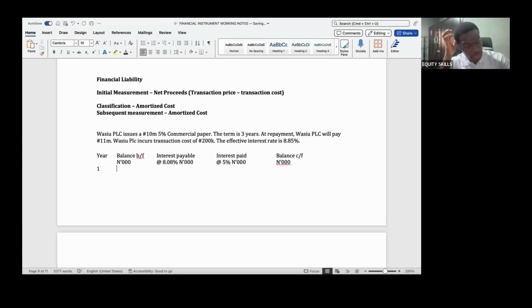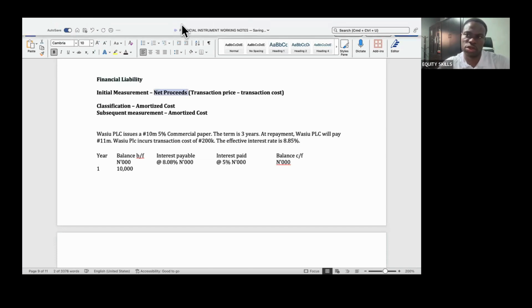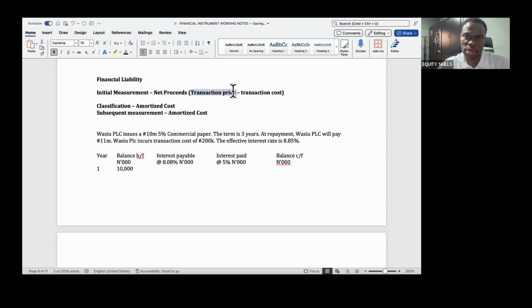So in year one now, the amount you initially recognized, if you put 10 million, you are wrong, because this is a financial liability now, recognized as net proceeds, which should be the 10 million minus the transaction cost of 200,000. So we should be looking at 9,800.